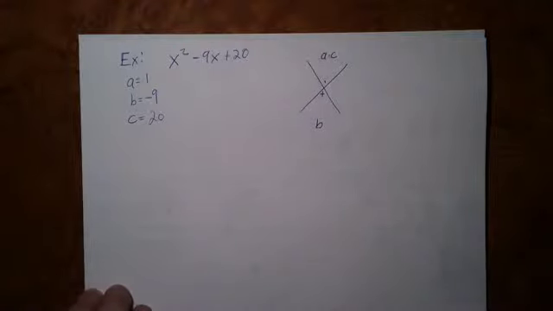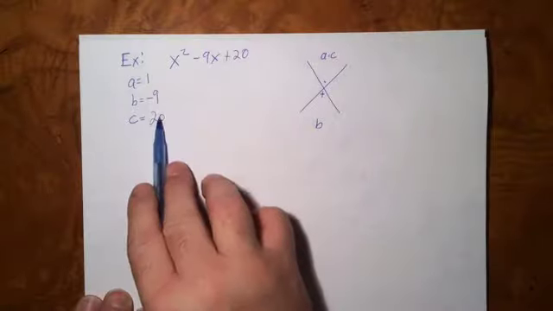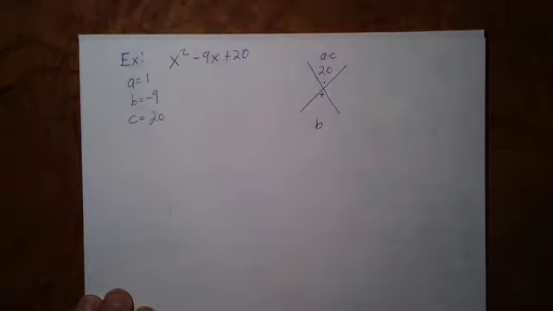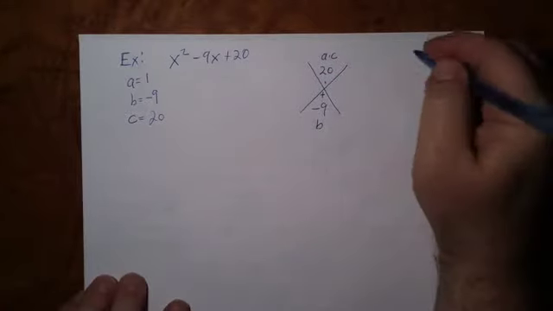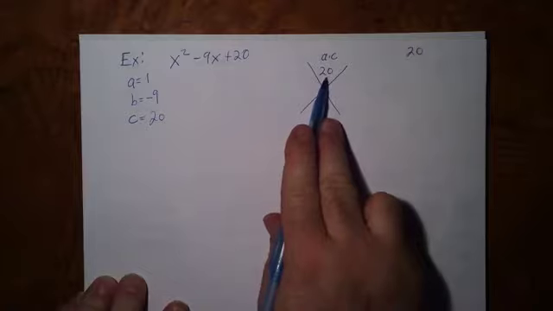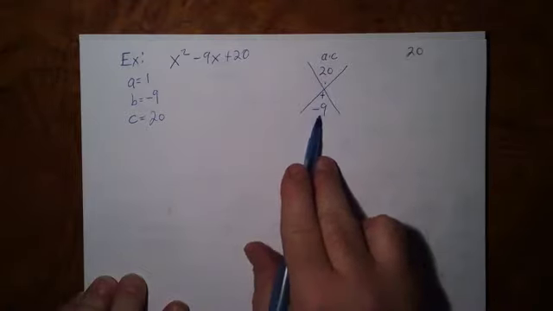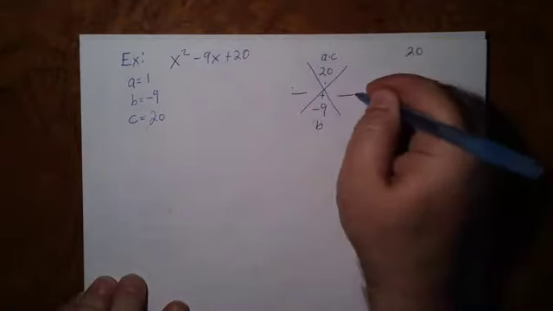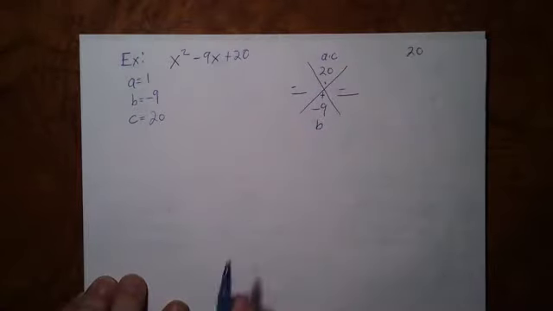So, going forward, we need two numbers that multiply to positive 20, but that add to a negative 9. If we look at all the numbers that are going to multiply to 20, again recognizing that the only way we can get a positive product and a negative sum is to multiply two numbers that are negative.